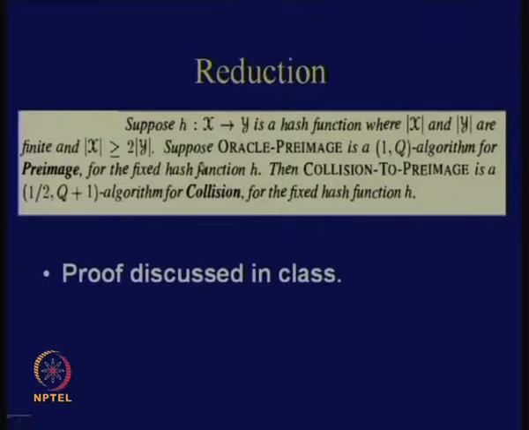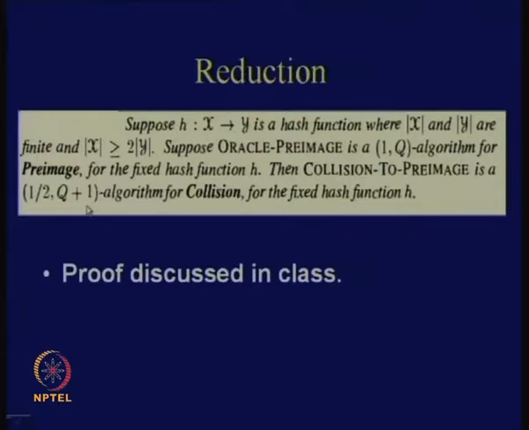Suppose oracle pre-image is a 1 comma q algorithm for pre-image for the fixed hash function h. Then collision to pre-image is a half comma q plus 1 algorithm for collision for a fixed hash function, which means that the probability of success will be half.